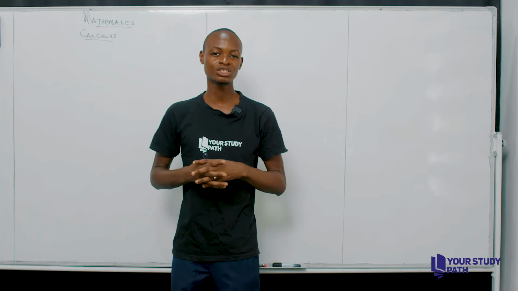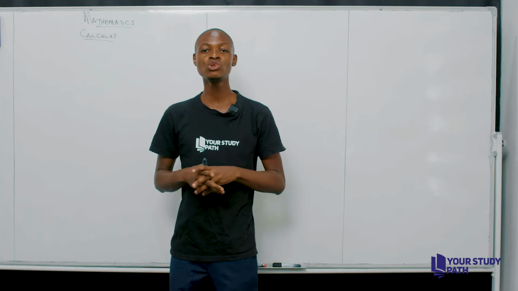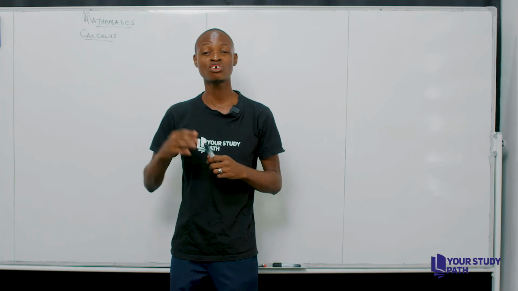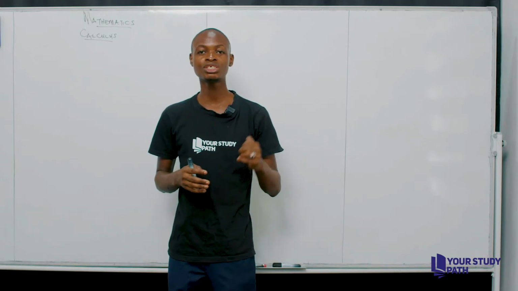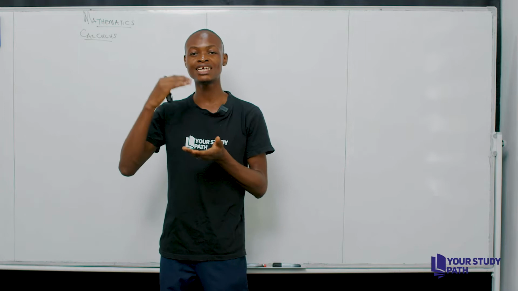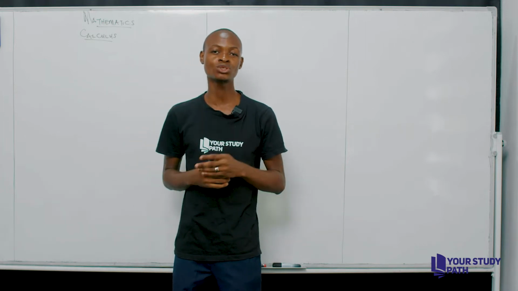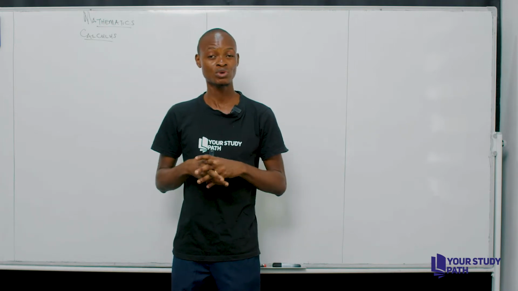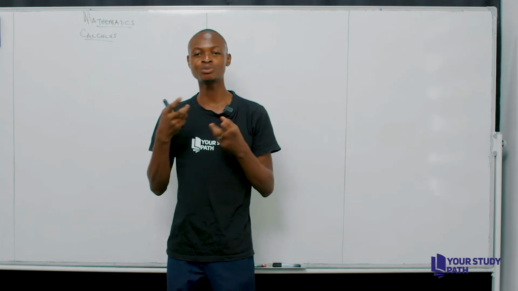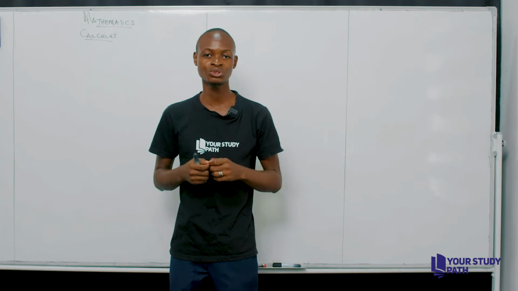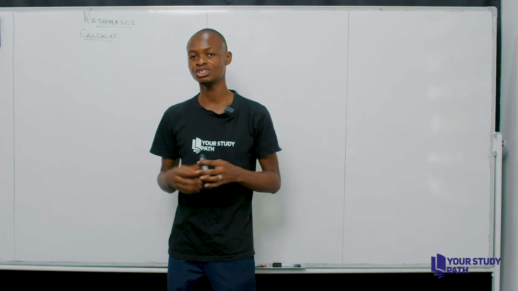We rounded off last time with the product and quotient rule. The quotient rule comes from the division of two functions that we have to differentiate, and the product rule comes from the multiplication of two functions that again we have to differentiate.